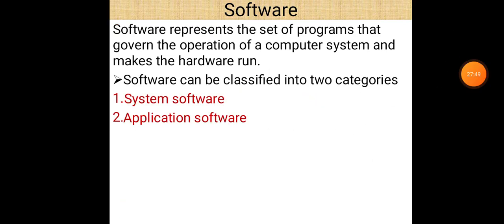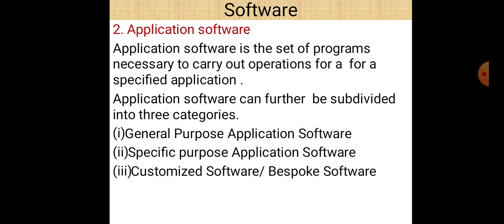Now let us take a quick revision of all the types of software. Software can be divided into two basic categories: system software and application software. System software is designed for a computer system, and application software is designed for different applications that are used by a user.